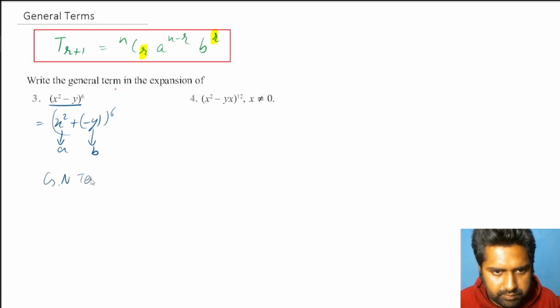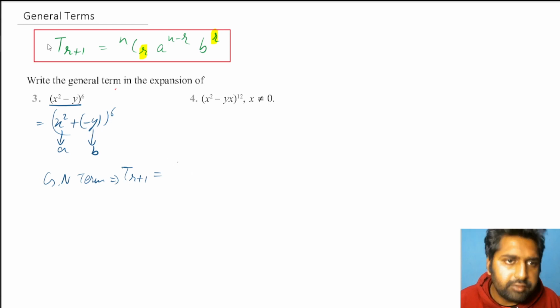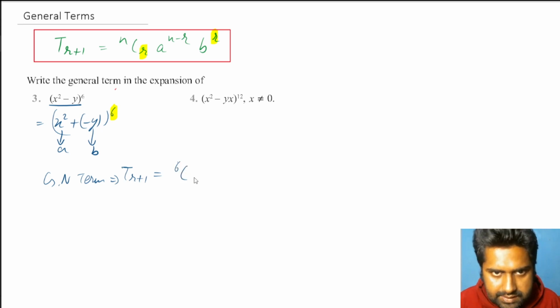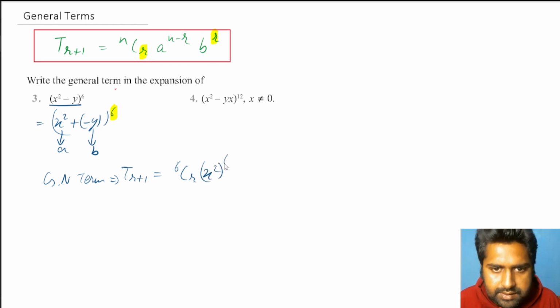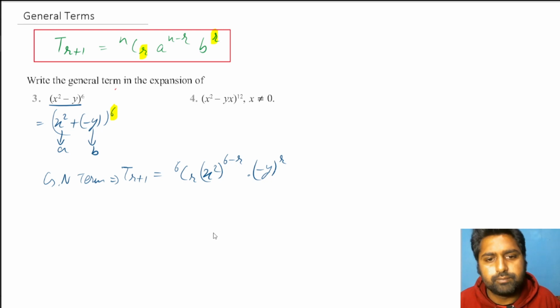So general term T(r+1) is equal to, n we know, n is 6, so 6Cr. Of course, it will be in terms of r because you don't know r right now. A is x square raised to power 6 minus r, and B is minus y raised to power r.